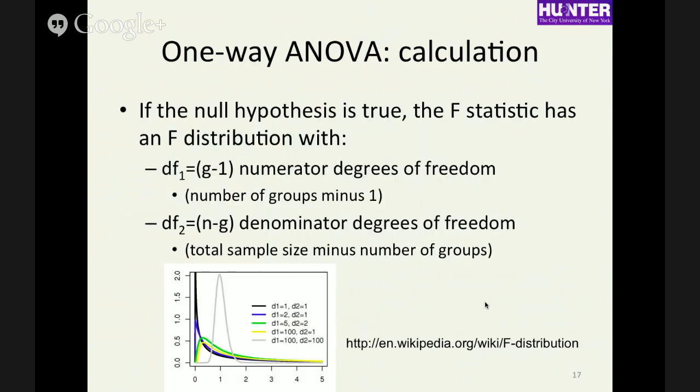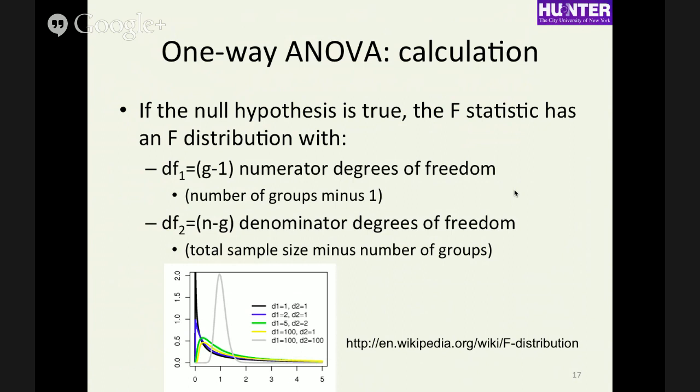Here are some examples of what the F distribution looks like. And as I mentioned, it has two different degrees of freedom. It's got numerator degrees of freedom, which is the between groups, and it's got denominator degrees of freedom, which is the within groups, right?